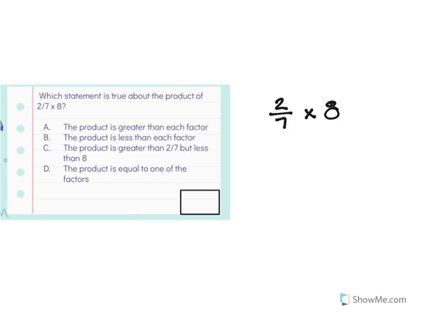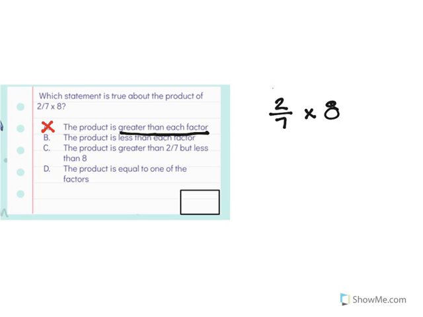So A said the product is greater than each factor. If it was greater than each factor, then each factor would have to be greater than 1. Let's check. 8 is greater than 1, but 2/7 is not. 2/7 is less than 1. So A is incorrect because we don't have both factors greater than 1.